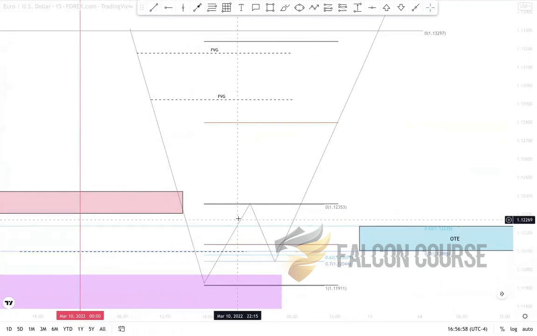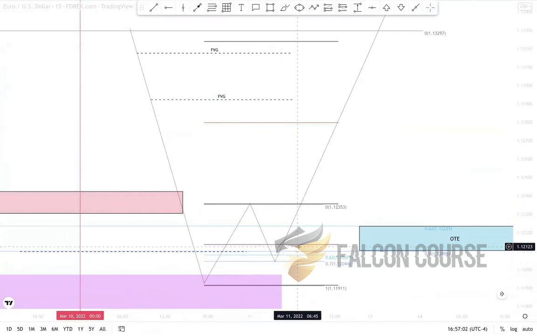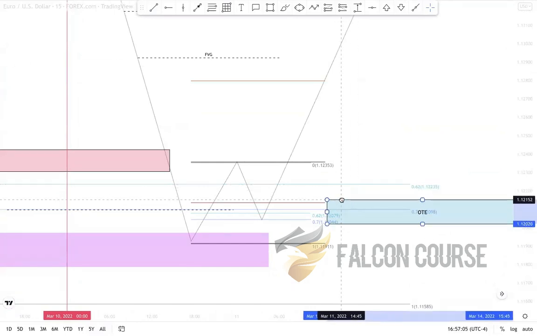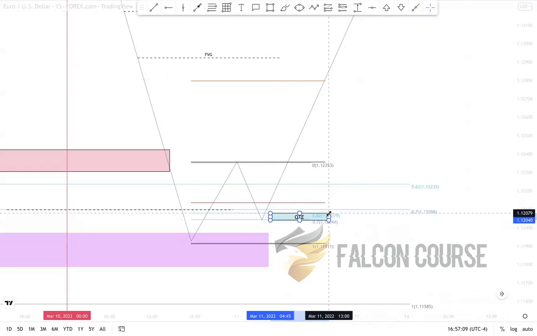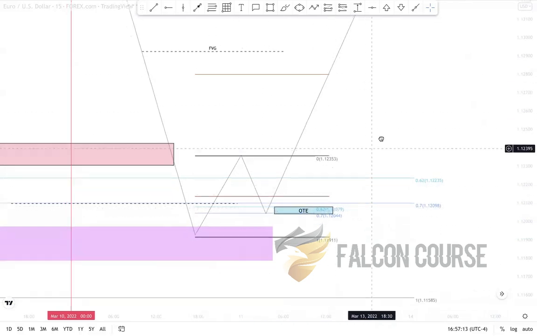You will see a pullback, then you see a retracement, and ta-da, this is what happens. The market arrives to optimal trade entry, you take the trade.